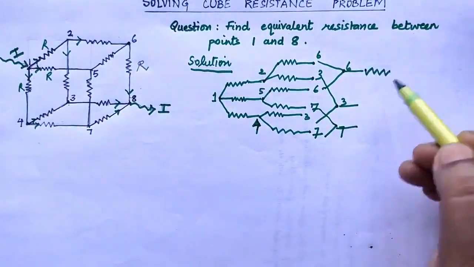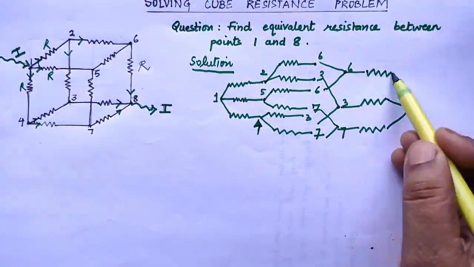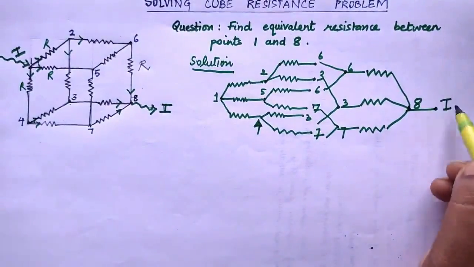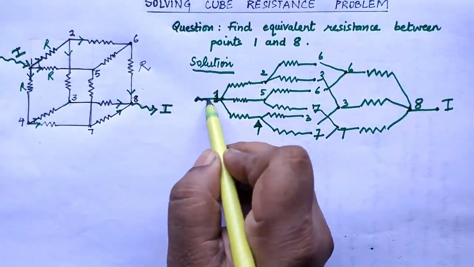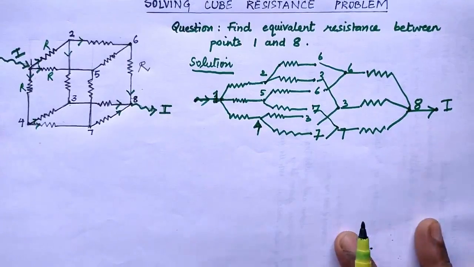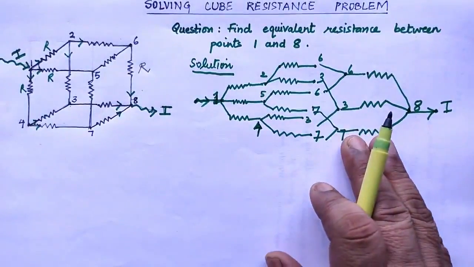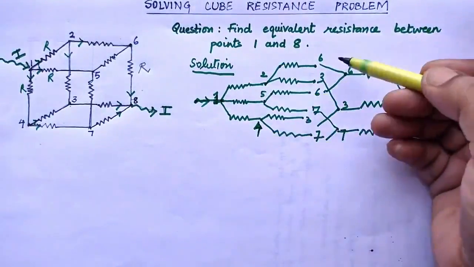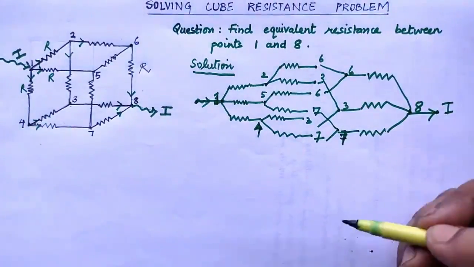So we will draw one resistance here, and all of them meet at point 8 and the current goes out. Here the current is entering at point 1, and here it is moving out. So you can see I have drawn an equivalent circuit of this. Here points 2, 5 and 4 are at the same potential, and points 6, 3 and 7 are at the same potential.